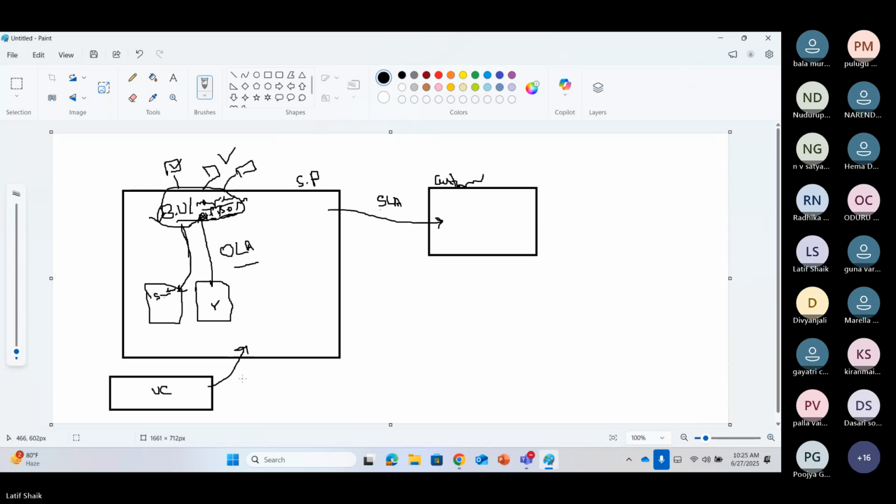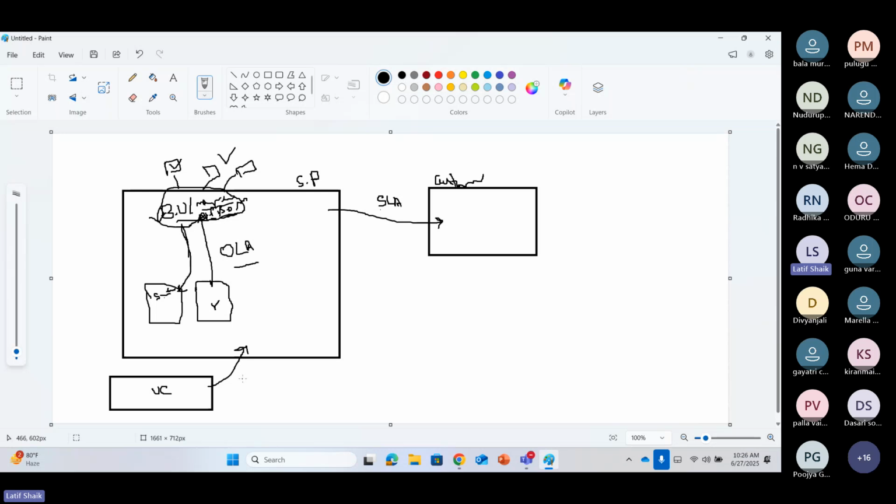HCL, Tata for a dedicated leased line. Airtel, ACT, Hathway for broadband internet connections. So continuously we need internet connectivity. We use at least two services, minimum two, not one, depending upon the organization.